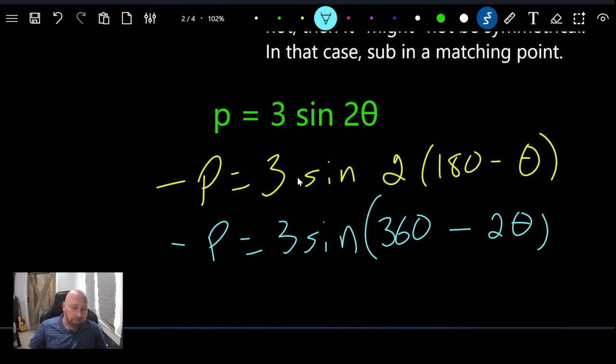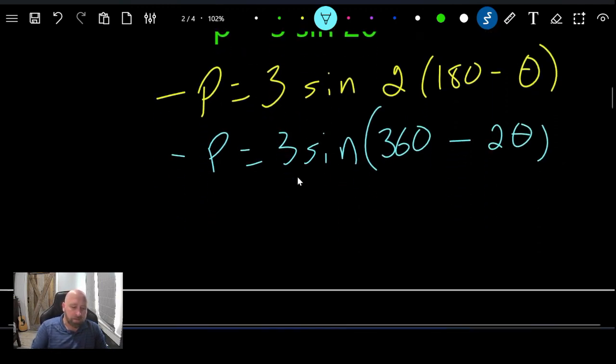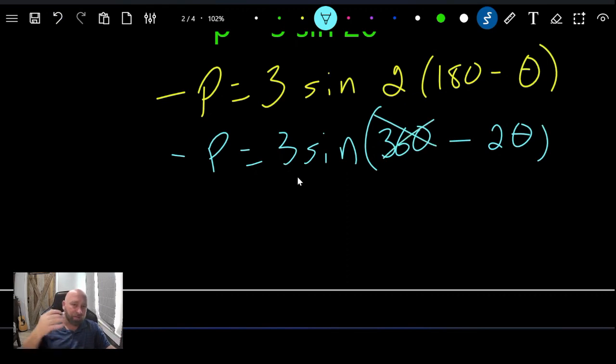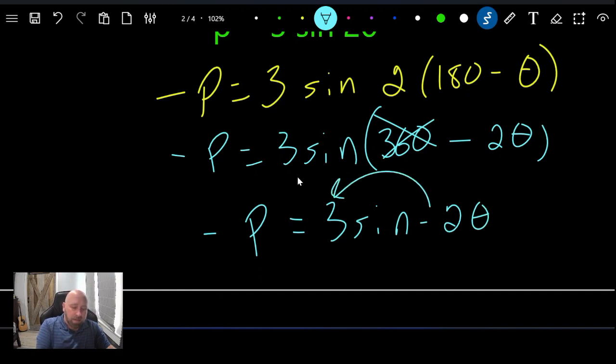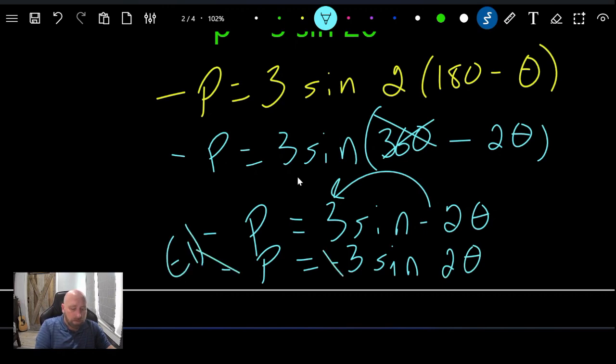Okay. Now, one thing that we can say is that when we get 360, that's the same as 0. So in this case, we can just get rid of this, since 360 is just a wrap around the circle. So negative rho equals 3 sine negative 2 theta. We'll move that out here. We get negative rho equals negative 3 sine 2 theta. Multiply the negative 1 through that, cancel, cancel.